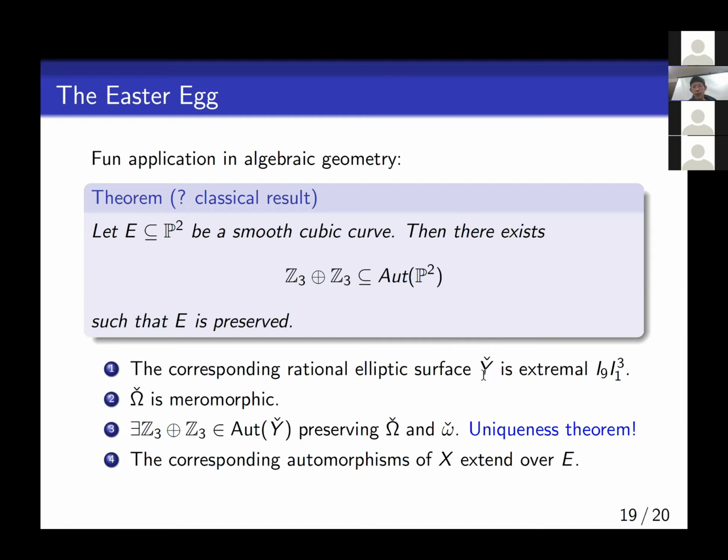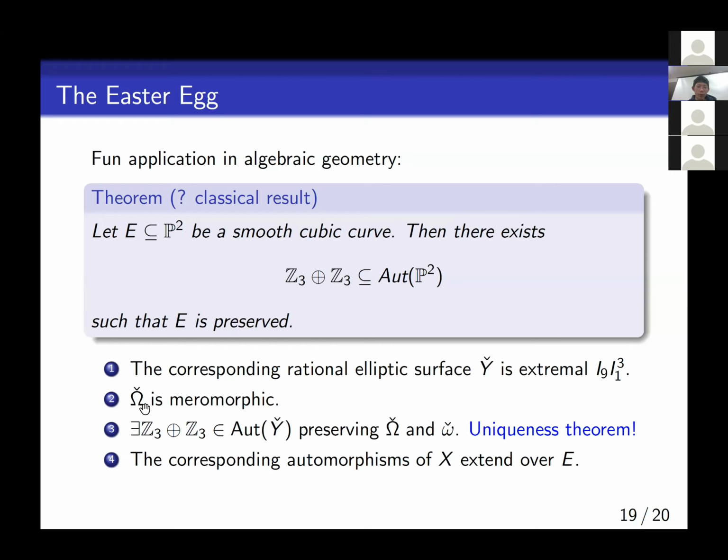The key point is that this hyperkähler rotation is different from most cases, because we are able to know what it is. We know this is a rational surface and it has an I9 fiber. Actually there's exactly one, and that's an extremal one, so this can be written very explicitly.